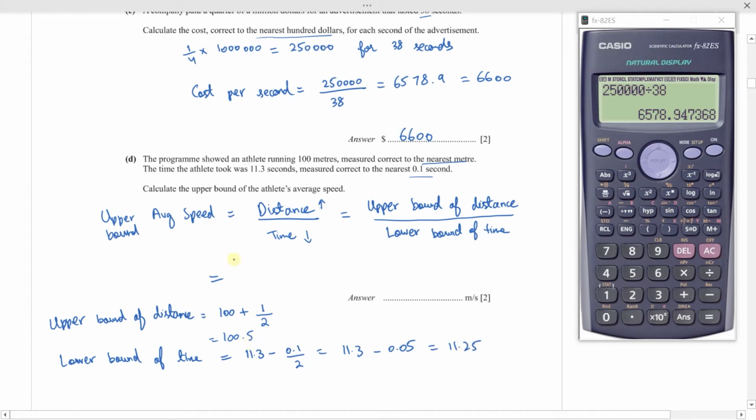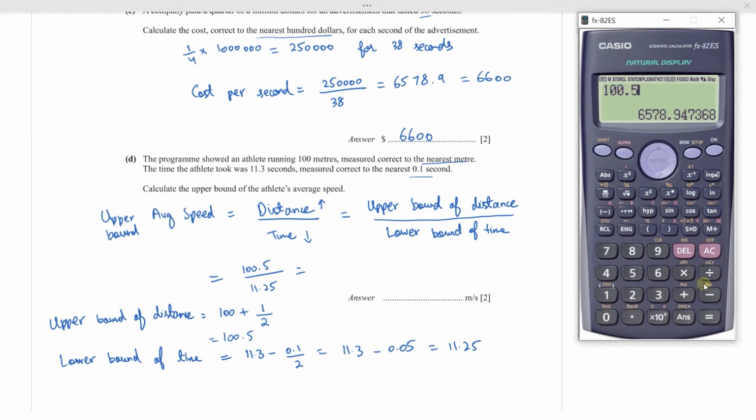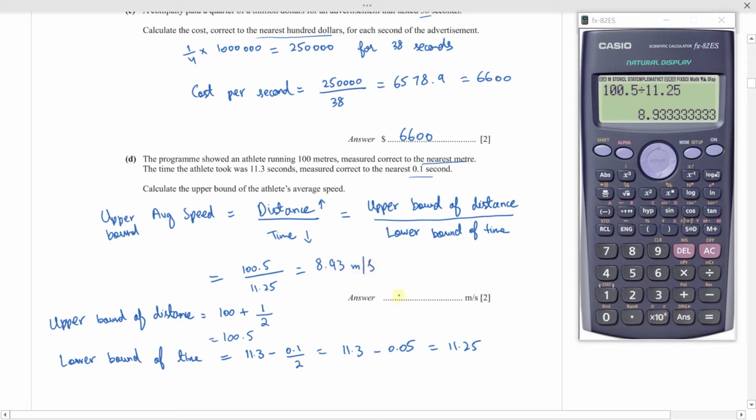So now your upper bound of average speed will be your upper bound of distance, which is 100.5, divided by your lower bound of time, which is 11.25. Let's calculate this. 100.5 divided by 11.25 is 8.93 up till 3 significant figures. So this will be 8.93 meters per second, your upper bound of average speed.